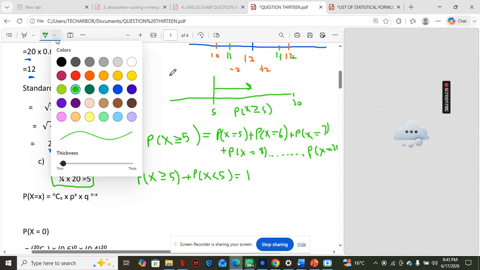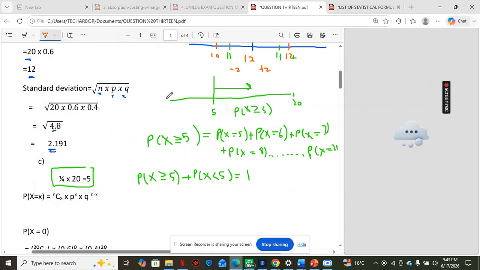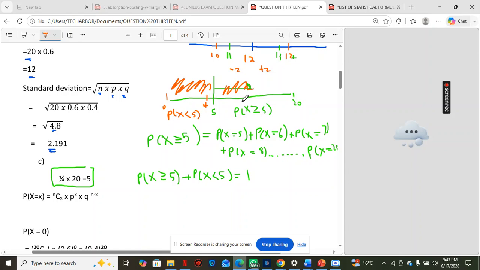So now from 0 students to 4 students, this represents the probability that less than 5 students prefer working in the banking industry. Okay. So we're just combining these two regions. When you add up these two probabilities, you're going to get 1. Because you want to avoid this long process here. By the time you are finished with the question, the exam is over.